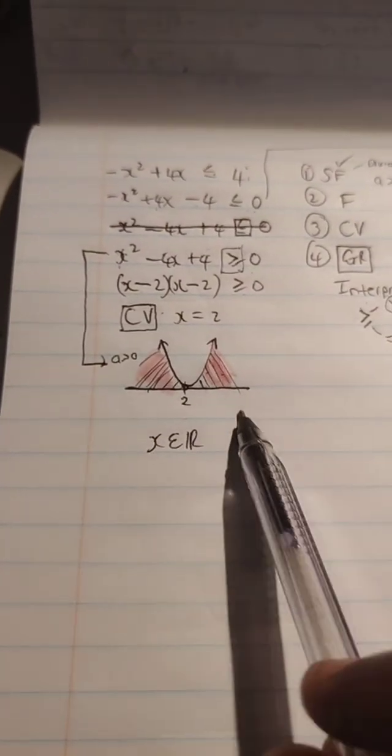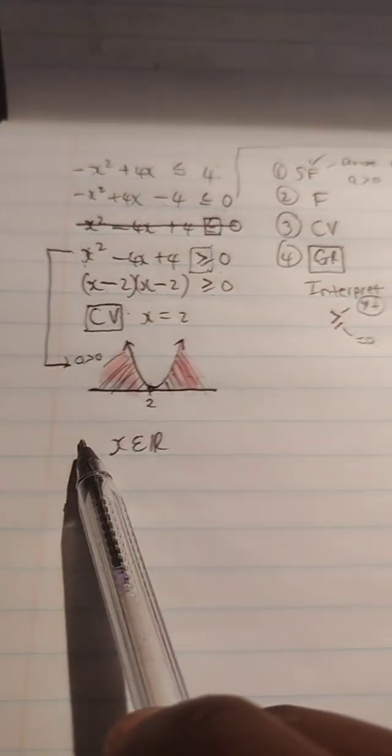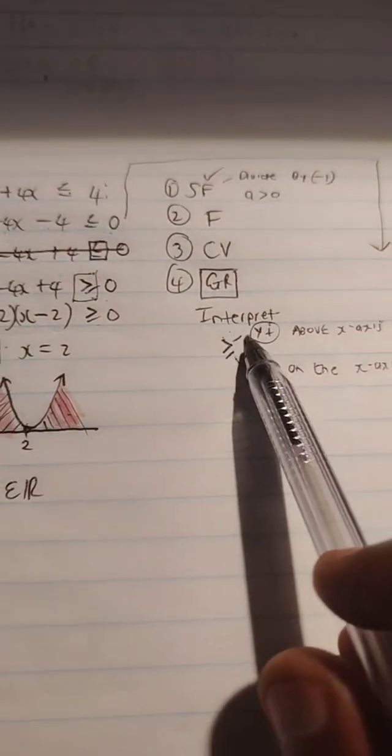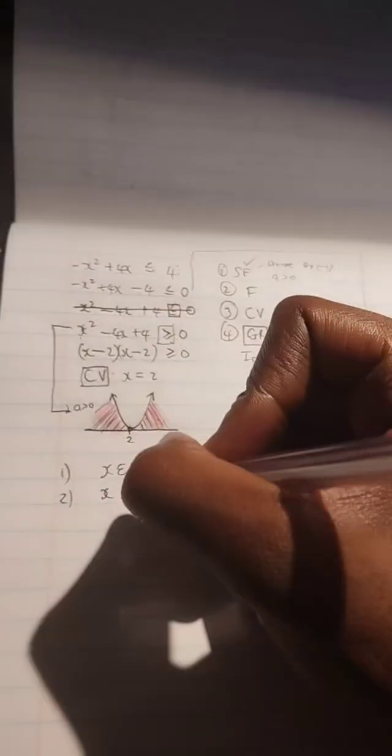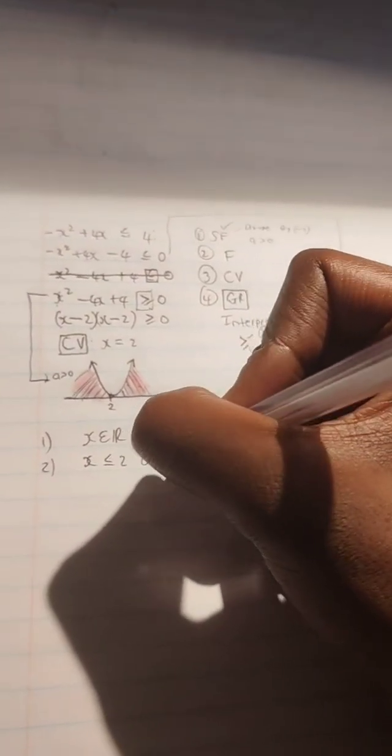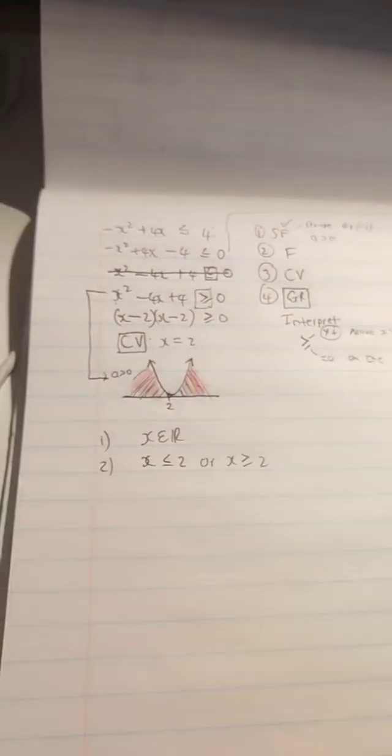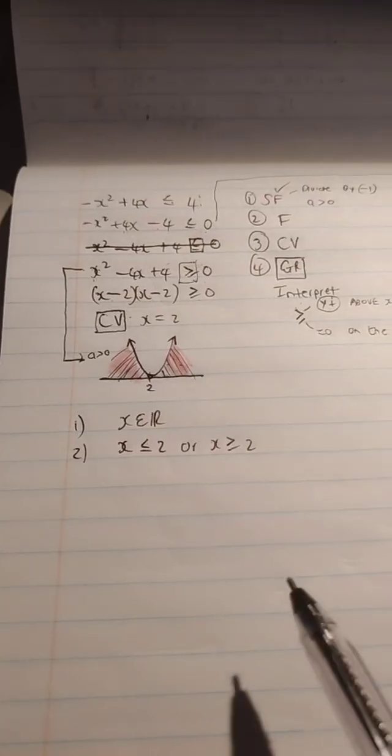That is all the real numbers that will satisfy the interpretation of this quadratic inequality. So that's one way of saying the answer. Or we can say x is less than or equal to 2, or x is greater than or equal to 2, right?